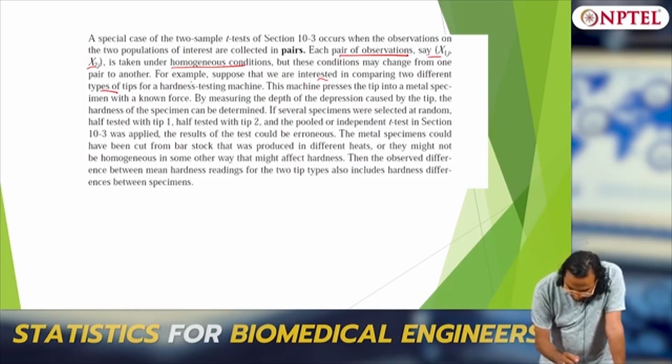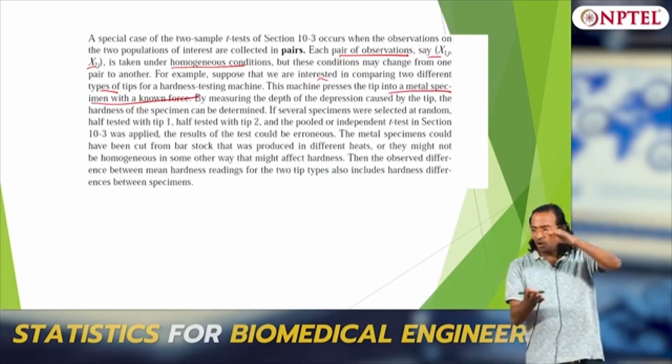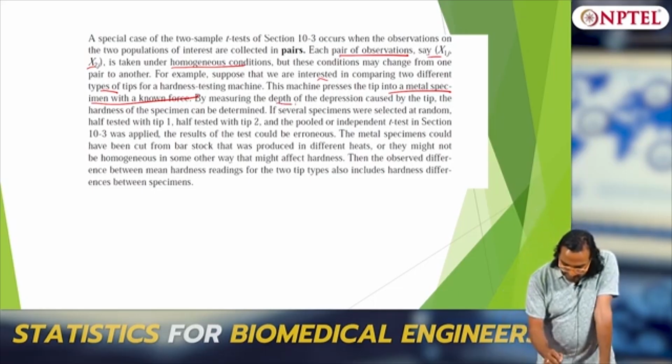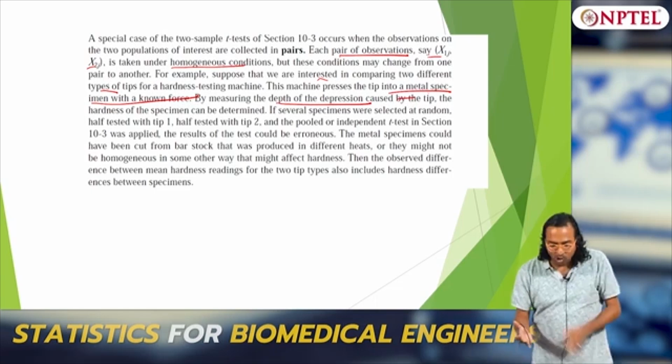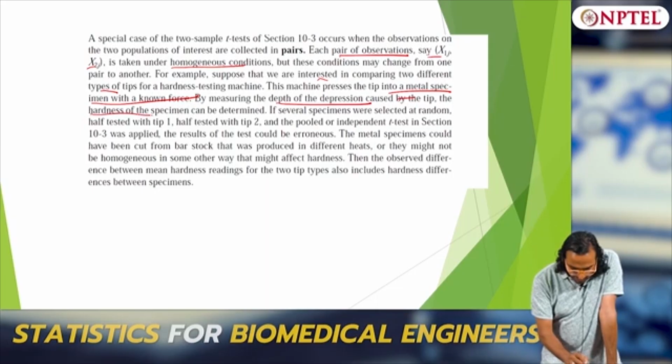There is a machine, in this case a hardness testing machine, that presses the tip into a metal specimen with a known force. Suppose I give a known force to each tip. How much depth of depression is caused by the tip? How much impression does it leave?